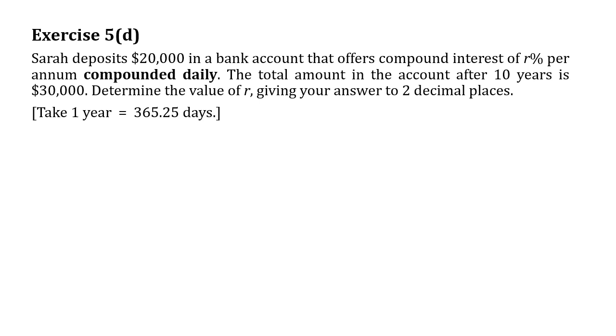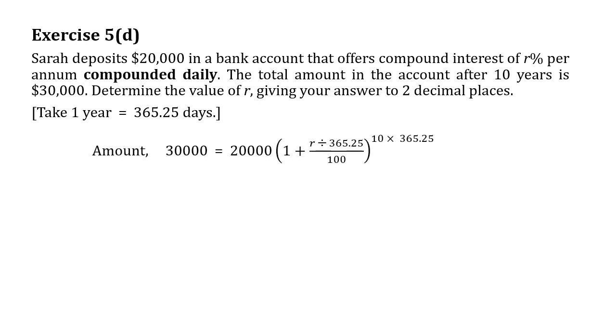Okay, next scenario, what happens if we compound the interest daily? And the question says to take 1 year as 365.25. Are we still able to do this? Not a problem. So we do the same magic for both the N and the R. For N, we multiply by 365.25. For R, we divide by the same value, 365.25.